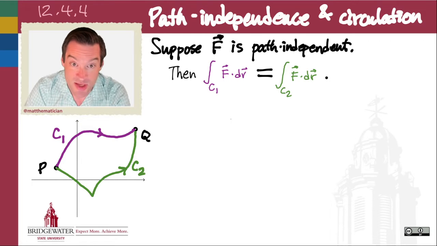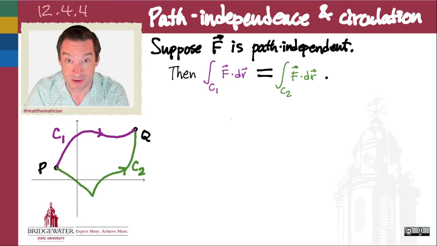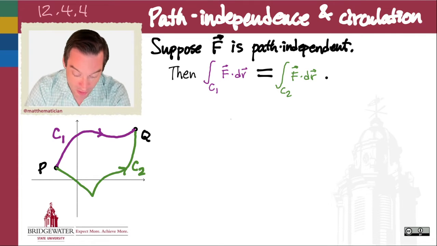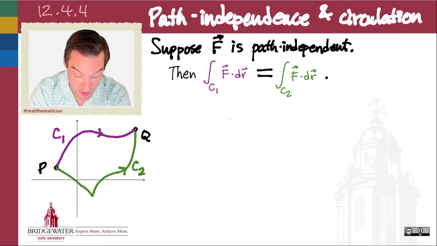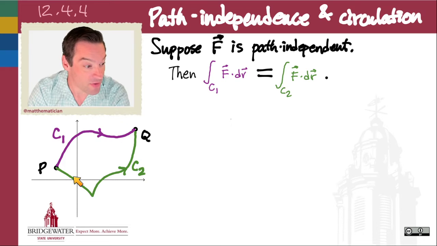So what then should this tell us about the circulation of such a vector field? Well, in order to talk about circulation, we need to discover a closed path in this system somewhere. I can get a closed path by taking these 2 different paths from P to Q and running one of them in the forward direction to get me from P to Q, and then running the other one in the opposite direction to get me from Q back to P. If I do those 2 things consecutively and stitch them together, then I'm going to get a closed path.